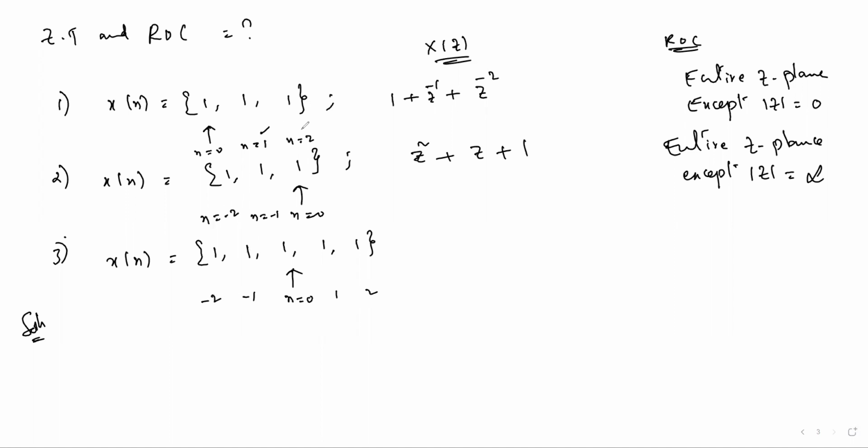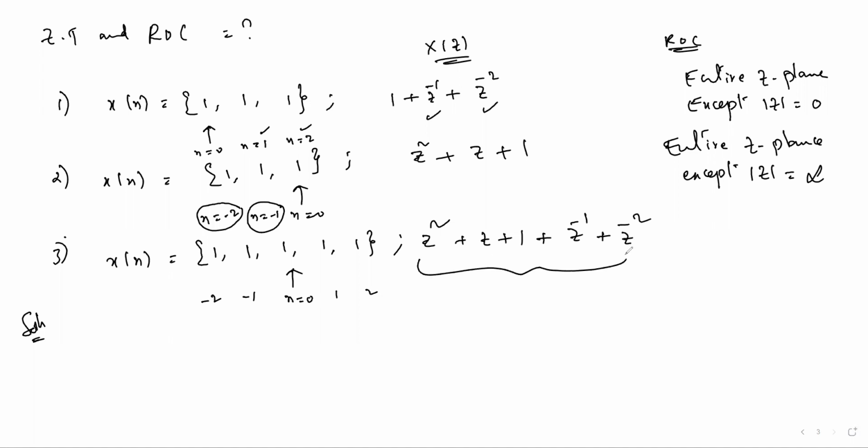For n values 1, 2, we are getting z powers, observe, negative increasing powers. Whereas for n value negative, n value minus 1, minus 2 here, the z transform gets positive increasing powers. So obviously this one should be z square plus z plus 1 plus z to the power of minus 1, z to the power of minus 2.